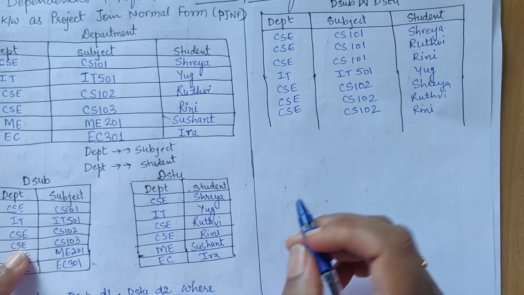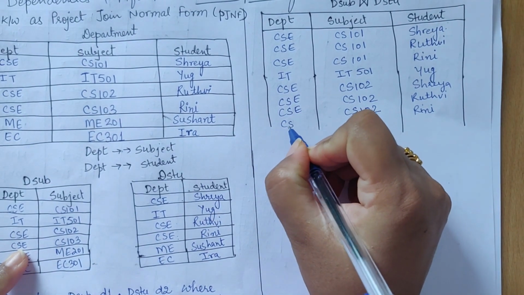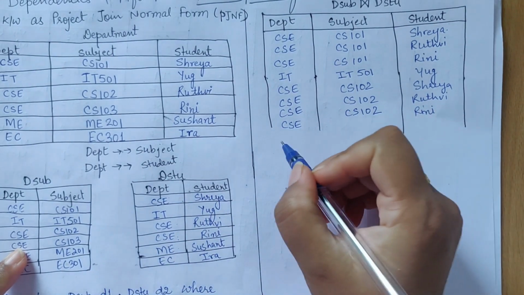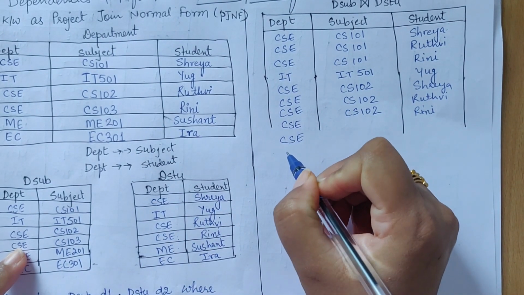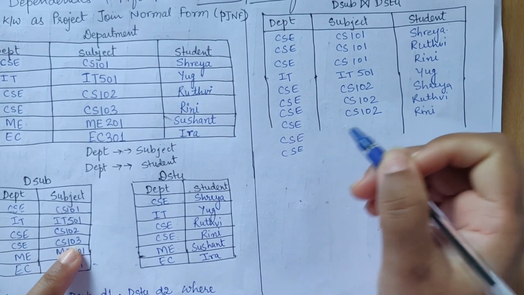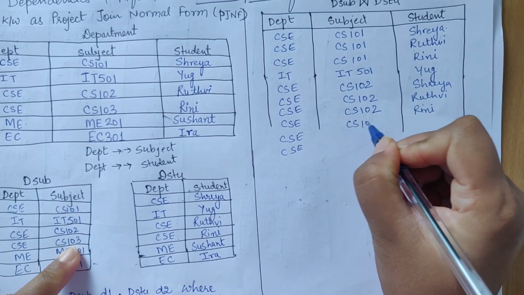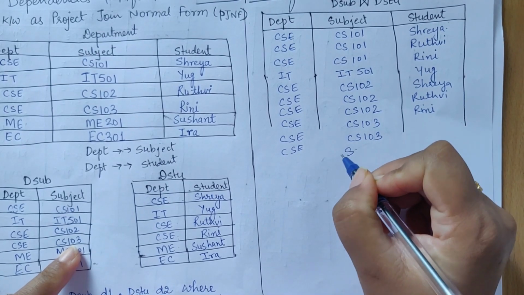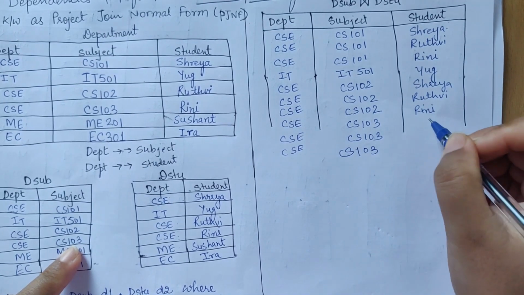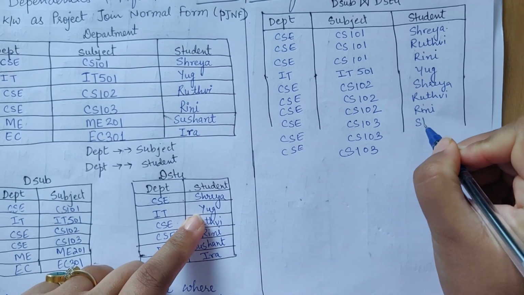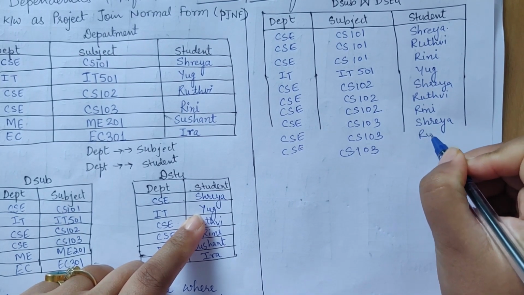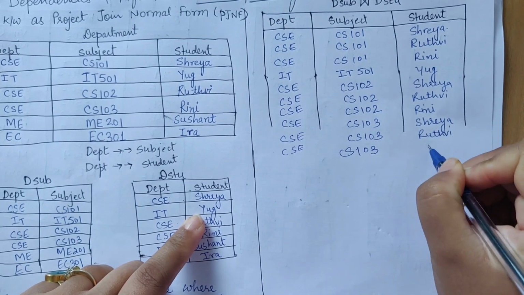After that, again I have CSC. So for this CSC also, three times it will get joined, and subject code will be CS103. And this time also student will be Shreya, Rutvi, and Rini.